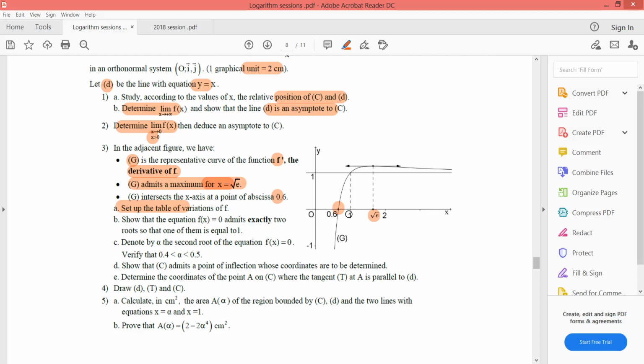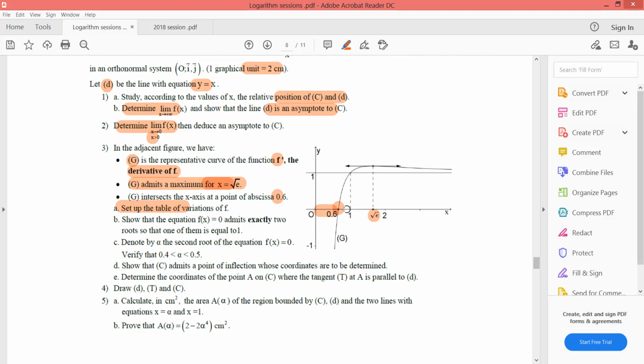From this curve, we notice that f prime is 0 at x equals 0.6. Between 0 and 0.6, the curve of f prime, or G, is below the x-axis, which means f prime of x is negative.